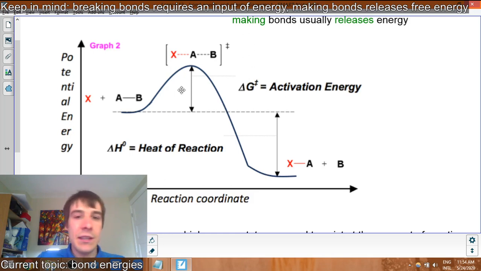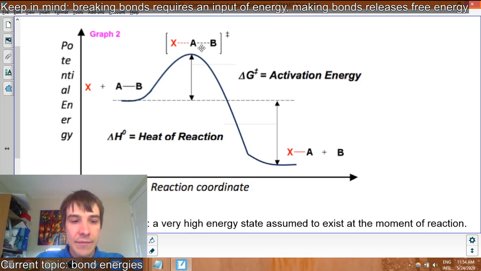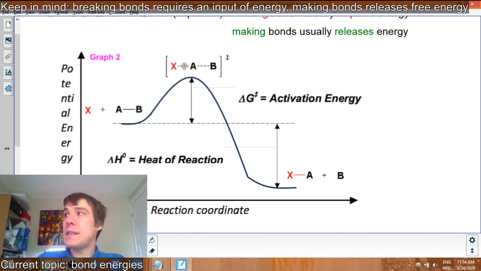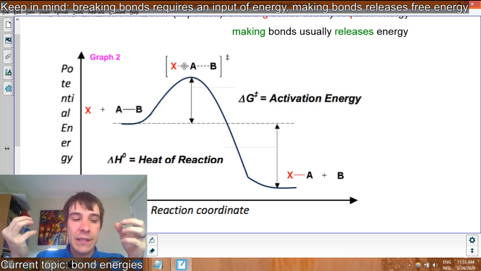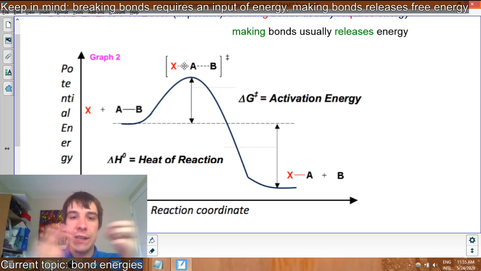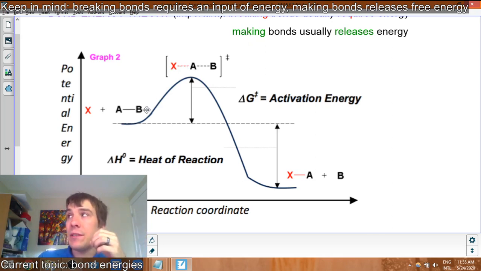Another thing to talk about is the transition state. It's in square brackets, and it represents the highest energy state. It represents the time when everything is by itself. So it takes energy to break the AB bond.